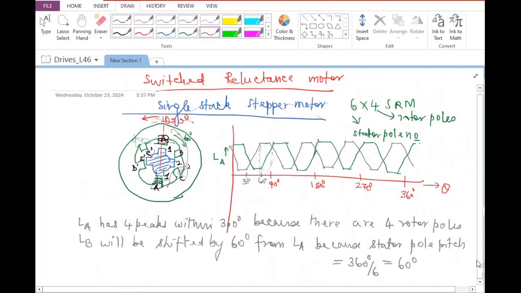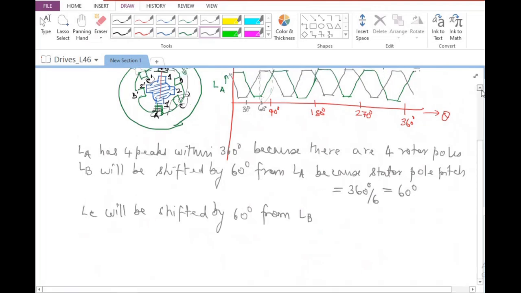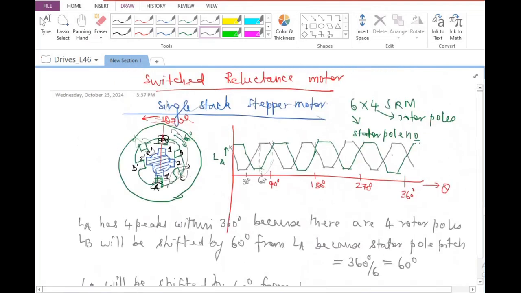Okay? And similarly, LC is the inductance of the C pole winding, the stator pole C winding. So LC will be shifted again by 60 degrees from LB. So this is the way we are going to have this inductance structure.